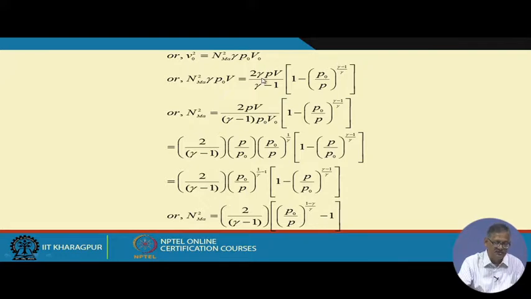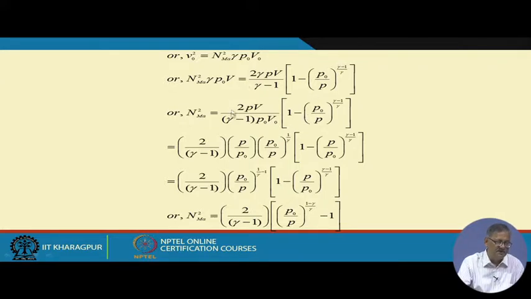V0 we had written many times, that is under root of this. So, when square is there, the under root goes out. So, gamma P V into gamma minus 1, or in many cases we had written gamma P by gamma minus 1 into rho. So, that means this rho goes out, V comes on the top, times 1 minus P0 by P to the power gamma minus 1 by gamma, right.